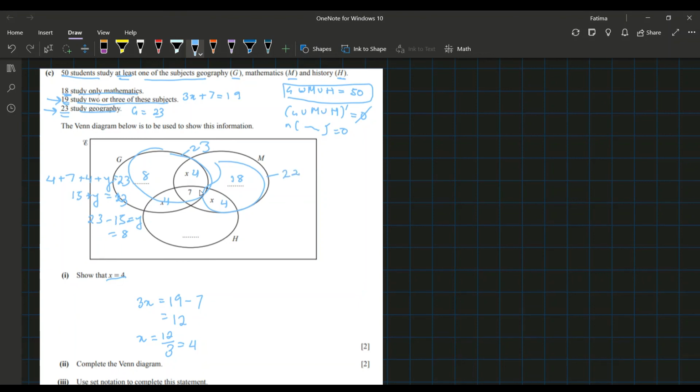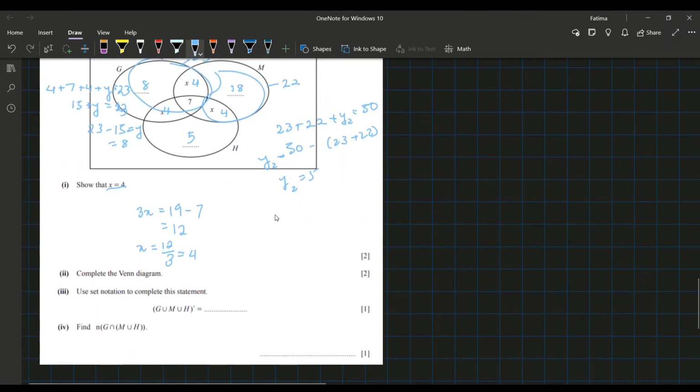And it should be 23 plus 22 plus y2 should give me 50, because everything within these three circles should equal 50. So 50 minus 23 plus 22 will give me the value of y2. You can use any other variable like z, but I decided to use y2. So you would get y2 as 5. So 5 would be written in this space here.